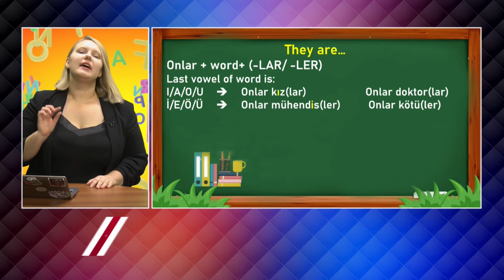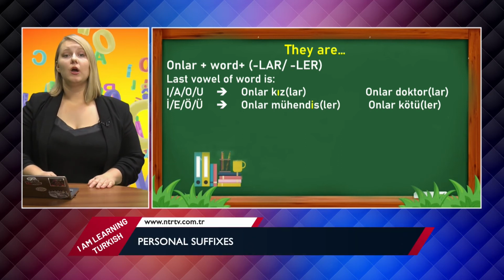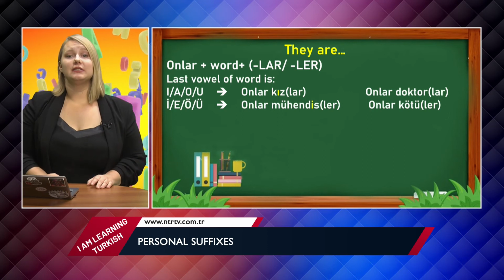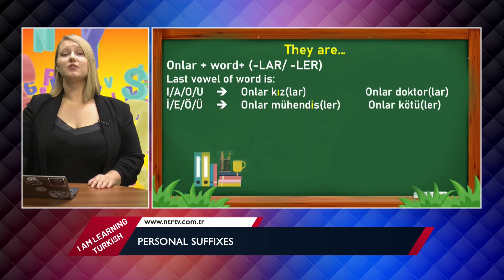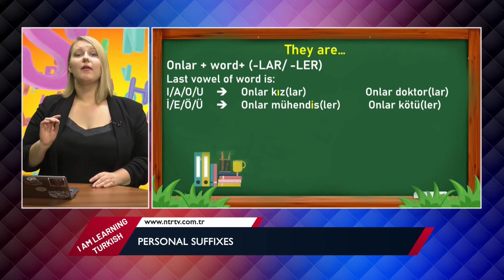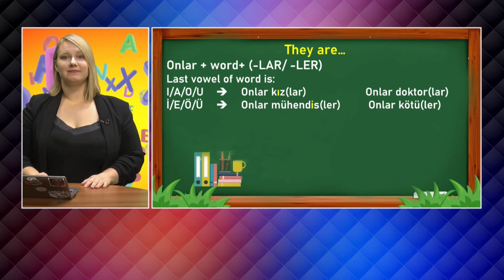But there is a nice thing to do. We can also say onlar kız or onlar kötü, and it will not change anything. Just trust me, it's the thing that happens to us every time.